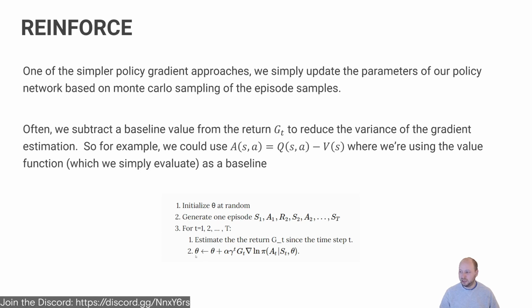And now you update your parameters multiplied by this thing. We don't even use the Q function here, right? We're essentially multiplying it by the return times this discount factor with this learning rate, and we take the derivative, the gradient of the logarithm of our policy.